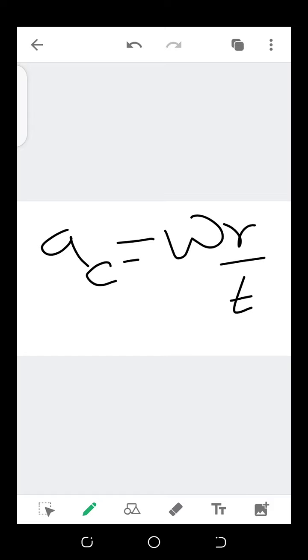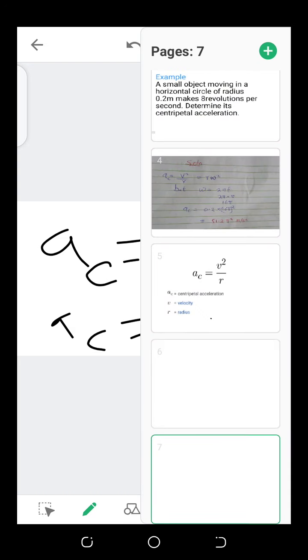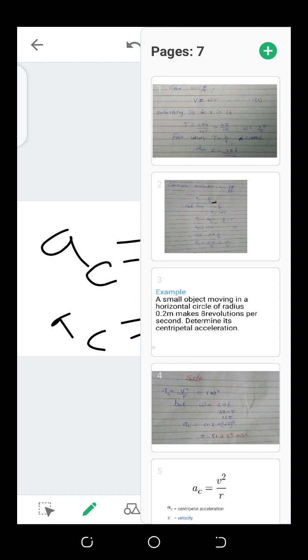Now, I want us to see this r over t. r over t is the same as v, because r is just the distance, you divide by t, it is v. So that's another velocity. So our a_c will be equal to omega v, and that's what has been calculated here, that a_c is equal to omega r over t, and the r over t is v.